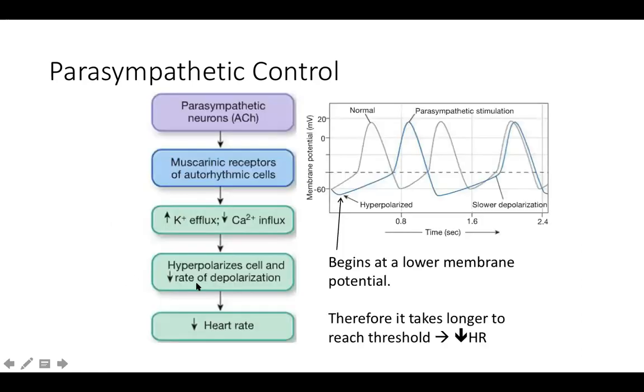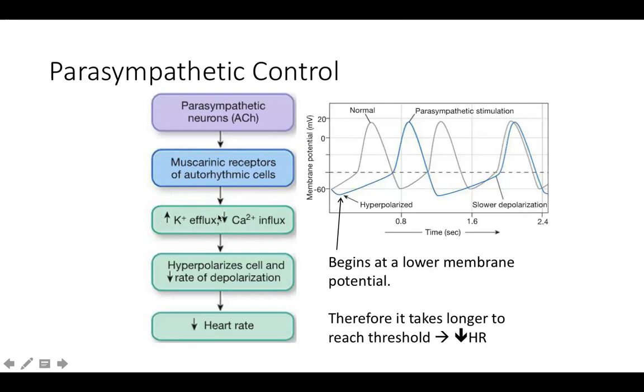And if we look at what happens when parasympathetic nervous system activity increases, so you'll have some sort of stimulation of the parasympathetic nervous system, that will release acetylcholine, and that acetylcholine will bind to the muscarinic receptors on the autorhythmic cells of the heart. What that does is it causes there to be an increased potassium efflux from the autorhythmic cells, so that repolarization is going to be more pronounced.